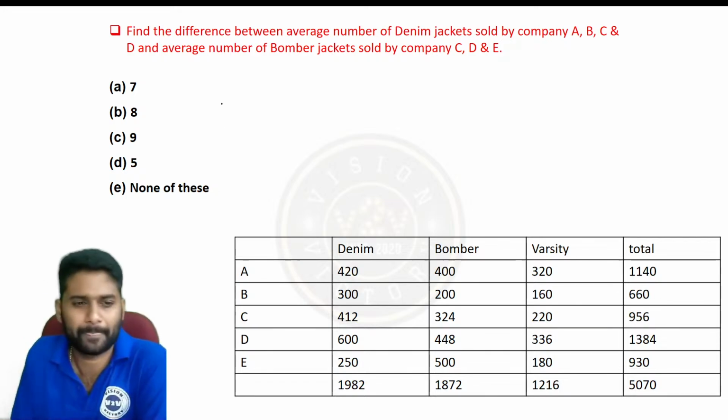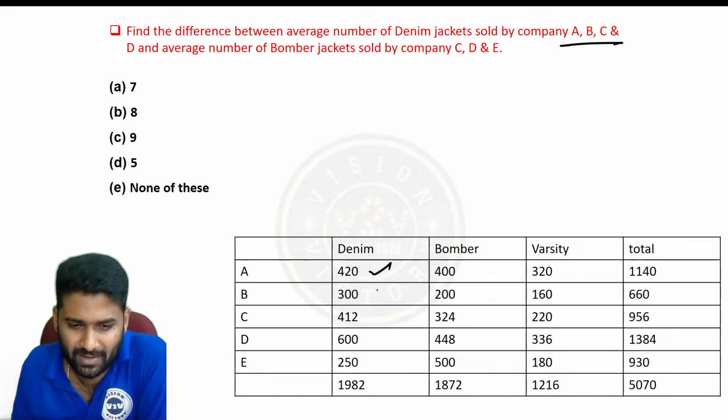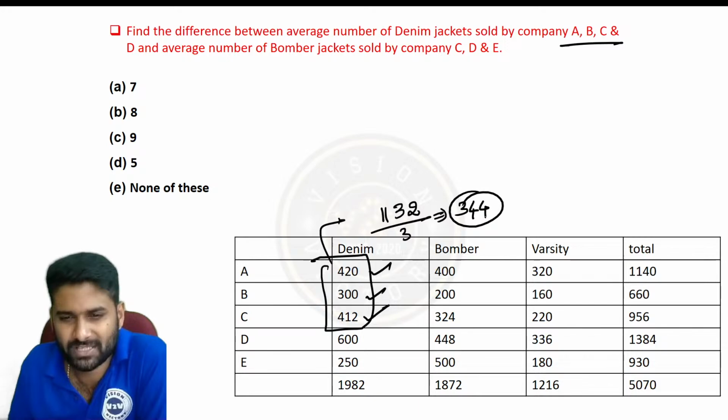Next question. Find the difference between the average number of denim jackets sold by A, B, C. Average. So what about the sum here? 1132 divided by 3. 3 threes, 9, 3 fours, it's 344.